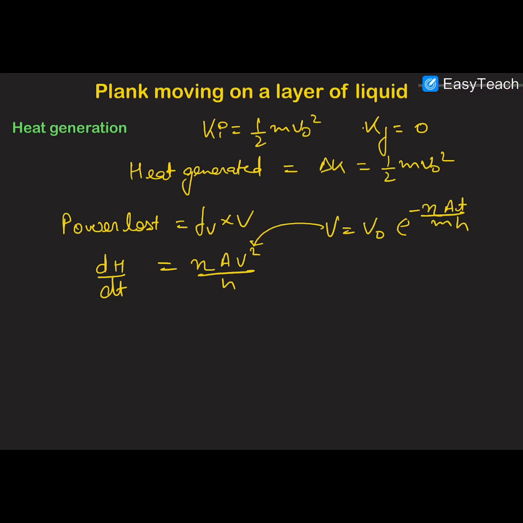And the limit would be from 0 to infinity, because at initial moment t is equal to 0, and the final moment when the plank will come to permanent rest will be t is equal to infinity. So the H will be equal to half m v naught square. So this will be the heat lost.